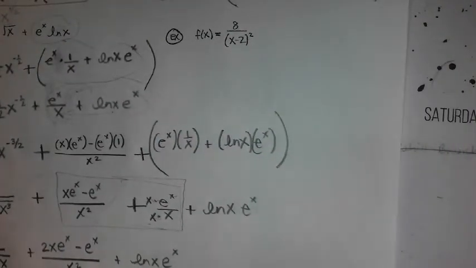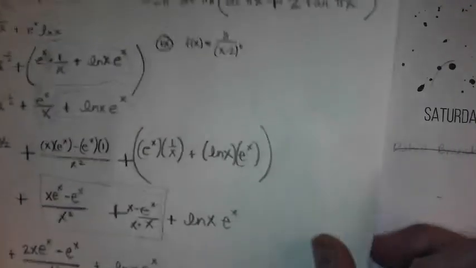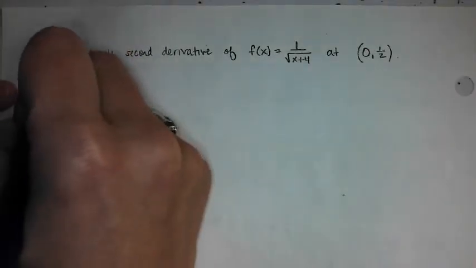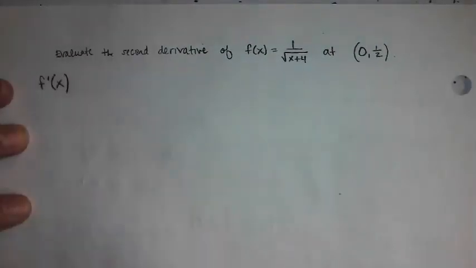Did you all run into the space for the last one? Jump to the back. This one's just find the second derivative again, but then evaluate it. So, first derivative. How much time do we have? 10 minutes?